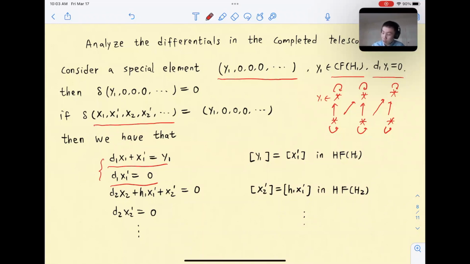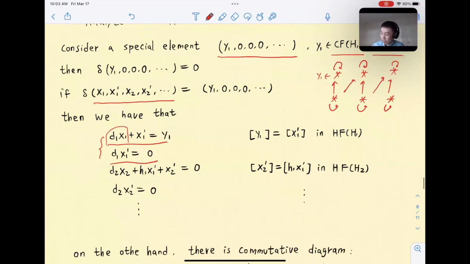These two equations tell us x1 prime is closed and homologous to y1, since it's up to some exact part.